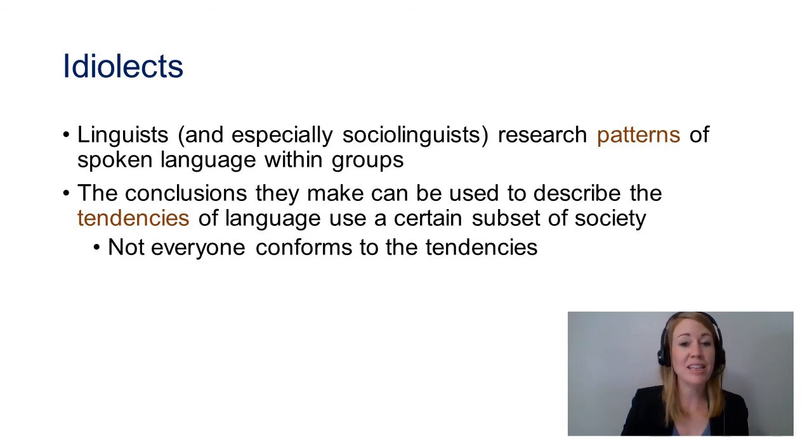So it doesn't mean that females never drop their G's, because we tend to see men do it more, or to say that lower class people speak a certain way and are always going to speak a certain way. That's not what we're saying. We're just looking at big, broad tendencies of different social groups. These patterns, these tendencies are significant, but we have to point out that not every individual adheres to those tendencies.